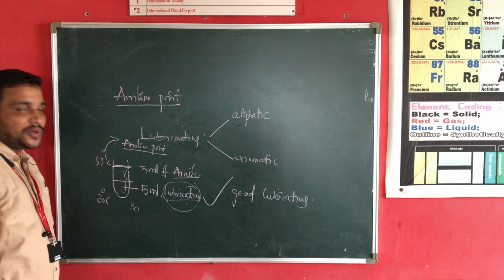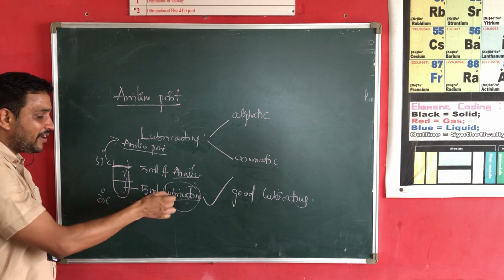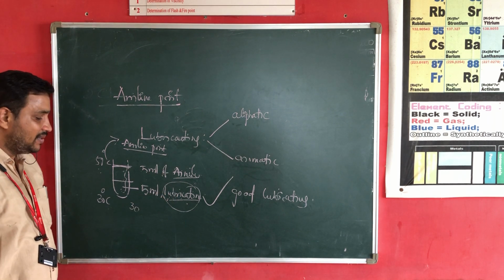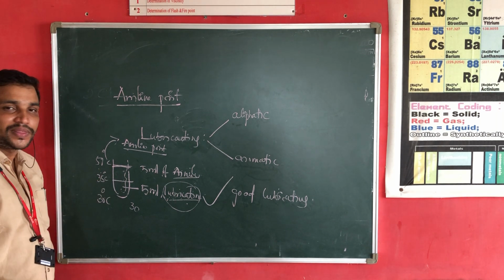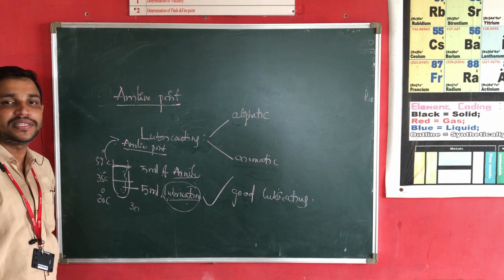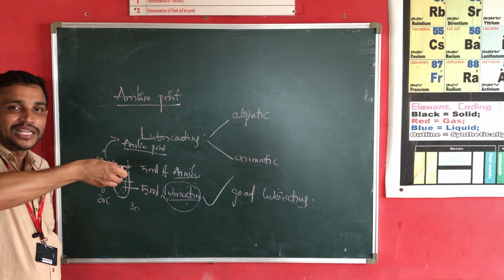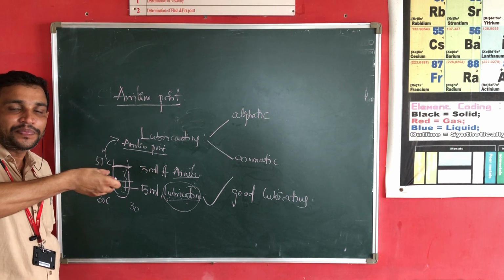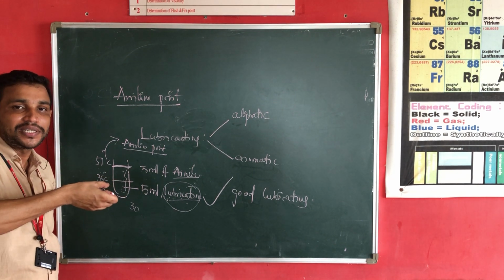If you see the opposite, okay, I took 5 ml of aniline and 5 ml of lubricating oil. The temperature is rising. When I reach 35 degrees Celsius, the two liquids become miscible with each other. That means the aniline point is less. Why is the aniline point less? Because the two liquids become miscible at less temperature.